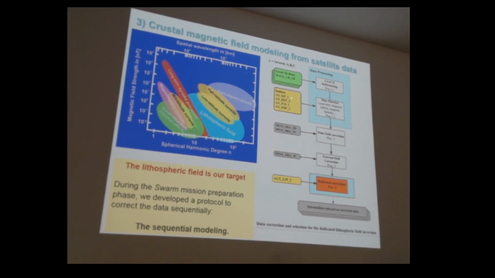So Kp is a famous one. It's monitoring the state of the geomagnetic activity. Dst is the disturbance storm time index.